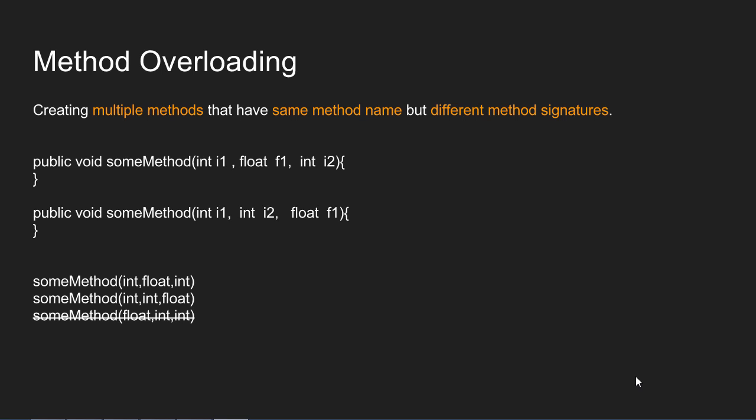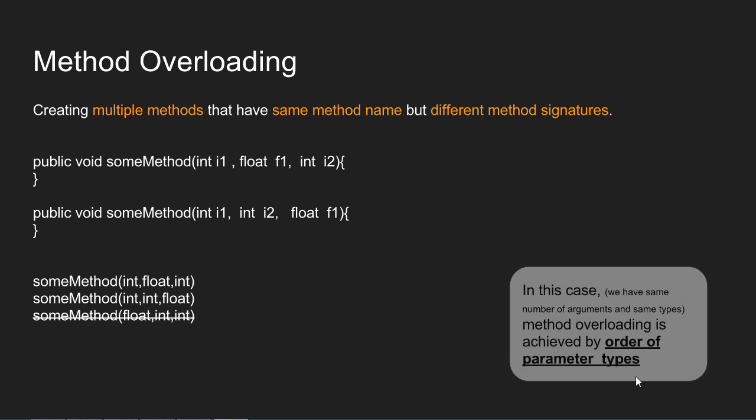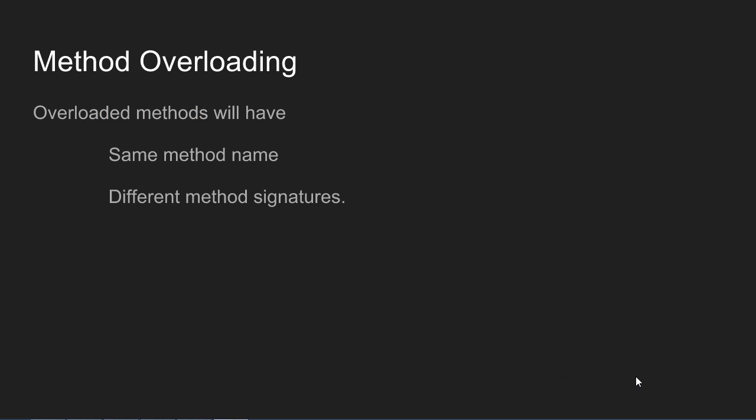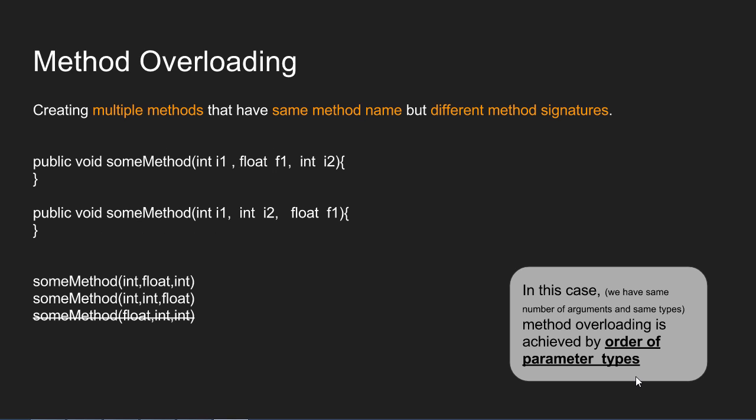If we pass something like float, int, int, none of these methods will be invoked because obviously the method signature doesn't match. So in this case, we have the same number of arguments, even the types are kind of the same, but the order of parameter types is different. So here also we are able to achieve method overloading. So the method signature is different because of that.